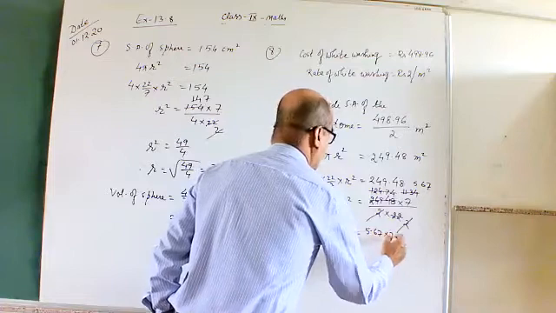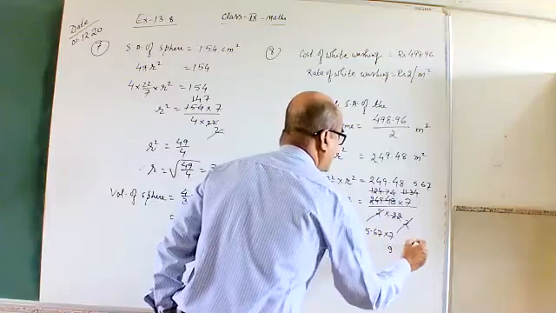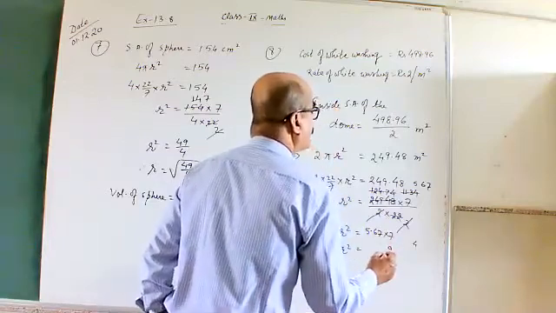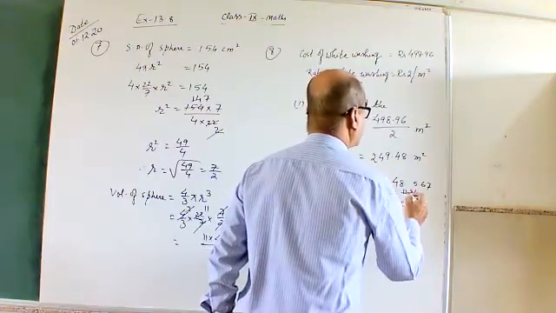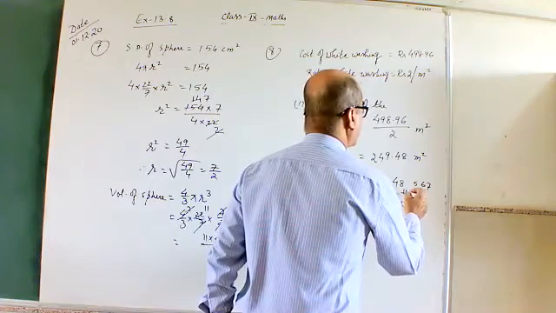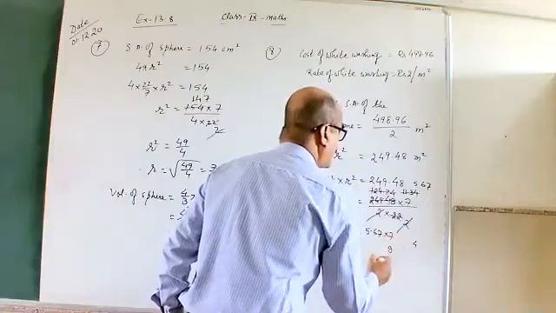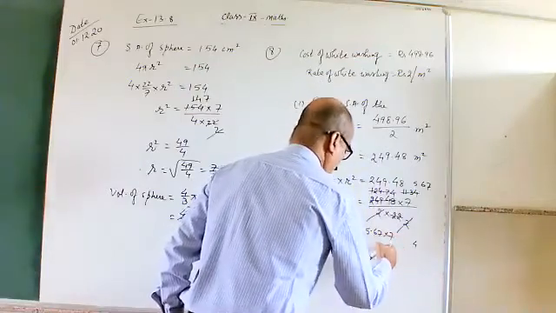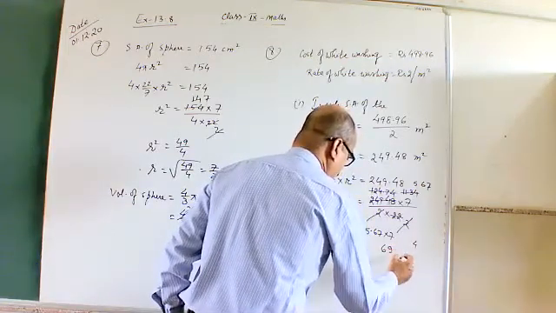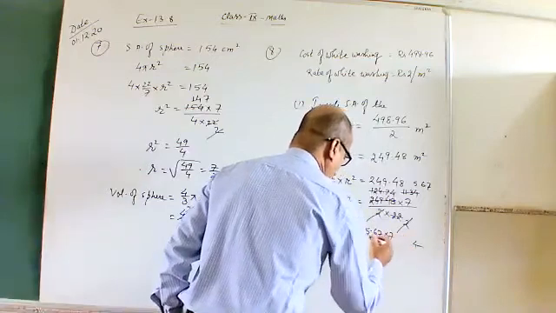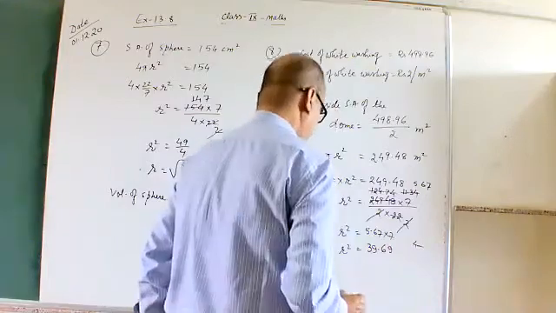5.67 into 7. So R square will be equal to 7 7s are 49 and 5.67. 7 6s are 42, 42 and 4 is 46, carry 4. 7 5s are 35, 35 and 4 is 39. 39.69.